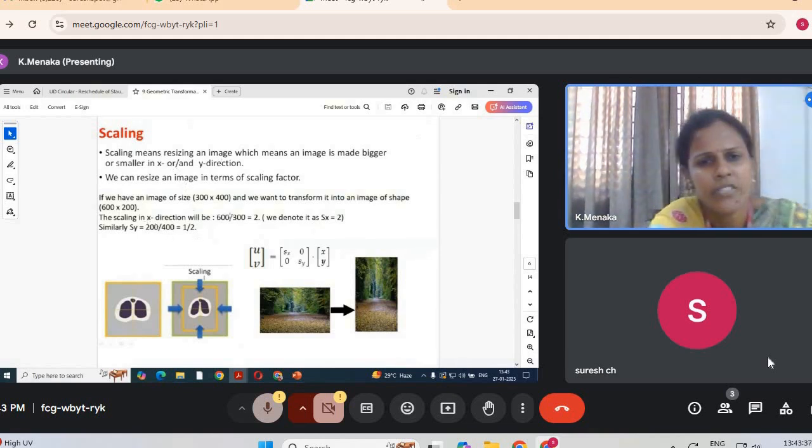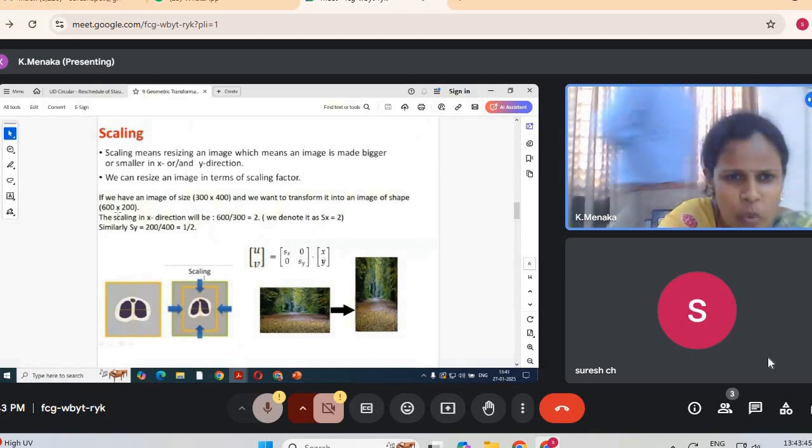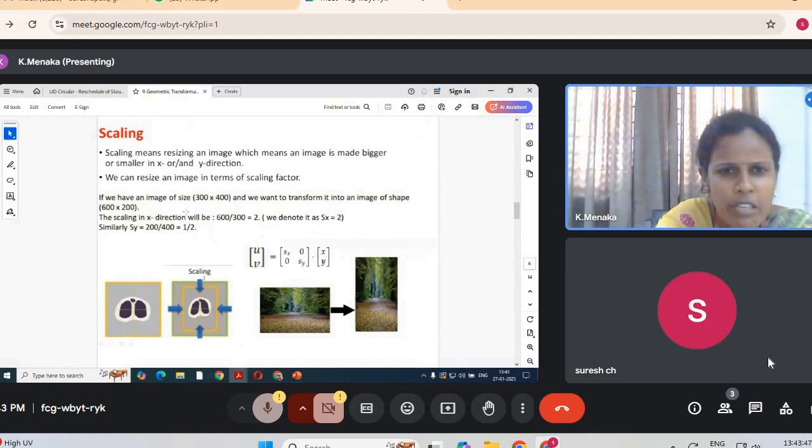So the scaling in the x direction is based on what shape we want to transform the image to. You just divide the shape that has to be transformed by the given input size.